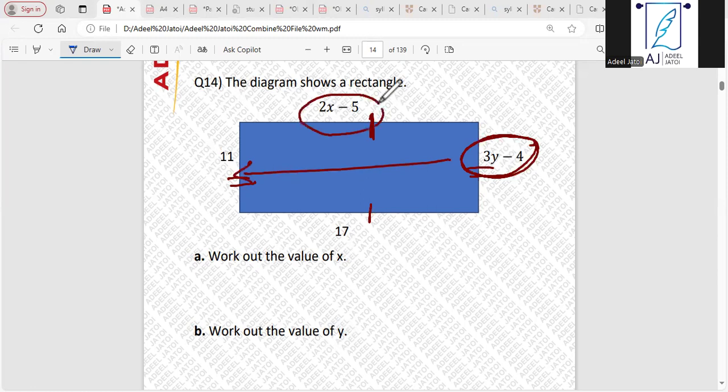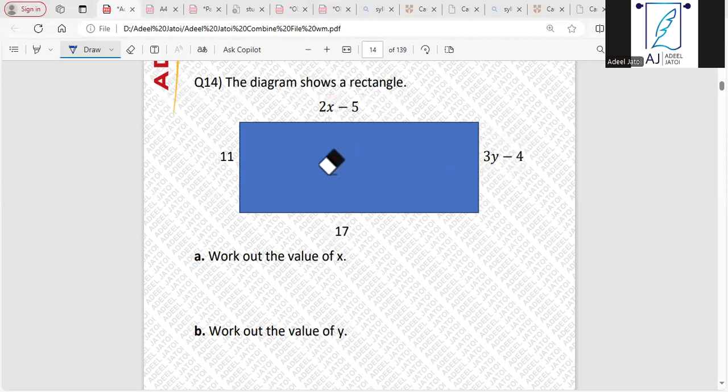And 2x minus 5 will be equal to 17. So every time we are solving, we will always make sure that the opposite sides of a rectangle are equal.